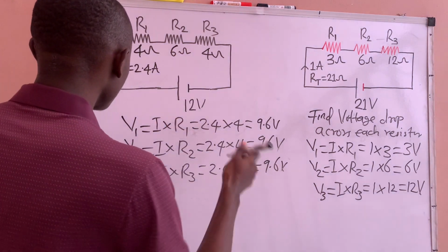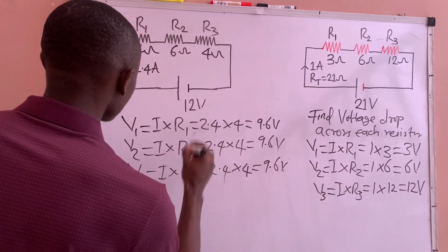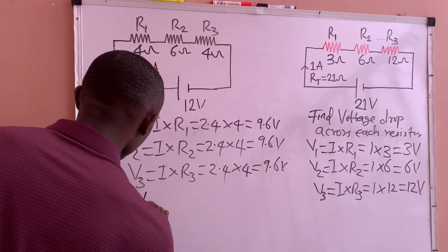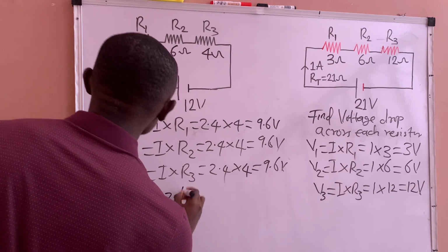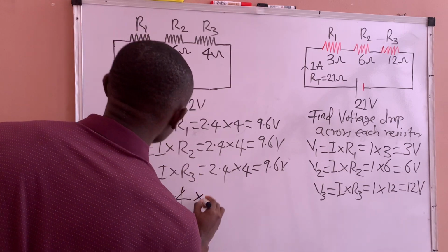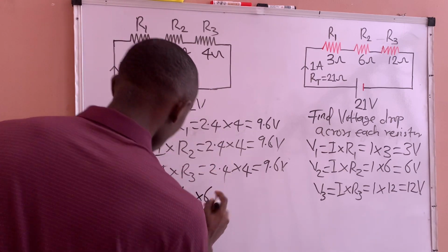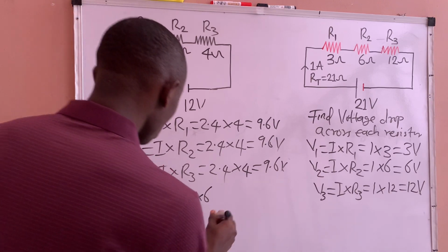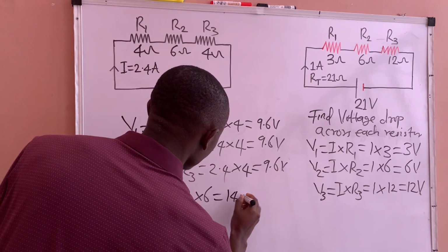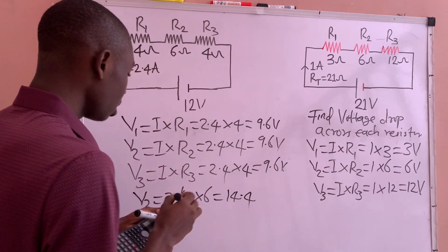Let us confirm what I just said here. We know that V2 will be 2.4, which is the circuit current, multiplied by the value of this resistor, which is 6. So 2.4 multiplied by 6 will give us 14.4. Are you seeing?